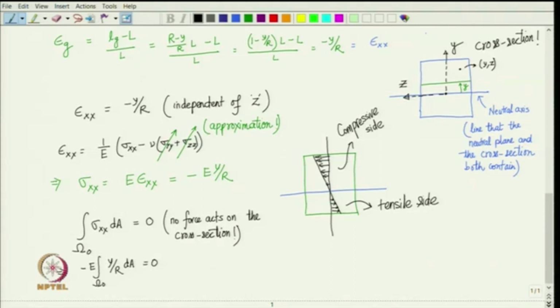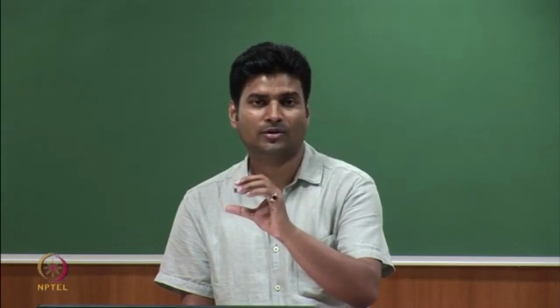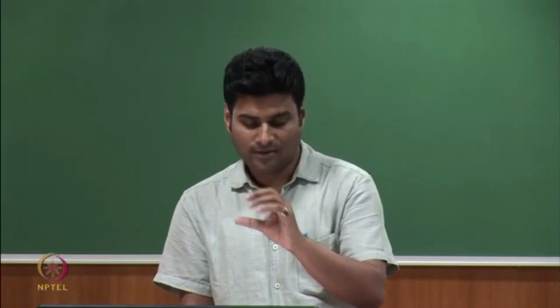If the material were different, then we will have to divide this integration into various domains. For each of the material we will have one domain, and Young's modulus will then be constant in that particular domain. Okay. But for now, for simpler analysis, we say that it is the same material.